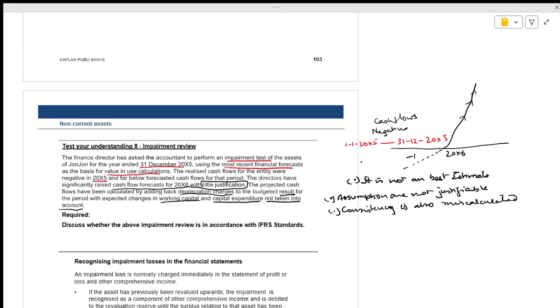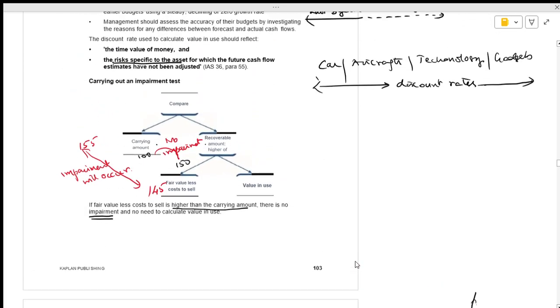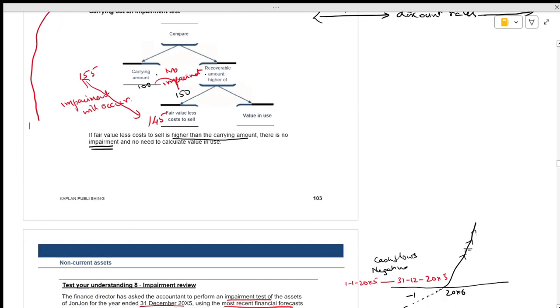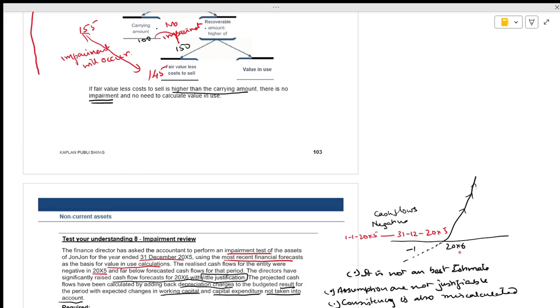Now, estimates of it should be what we have to include. That's very important, that we have to make sure of whatever is there. These are the points which you have to take into consideration whenever we are planning the cash flows.